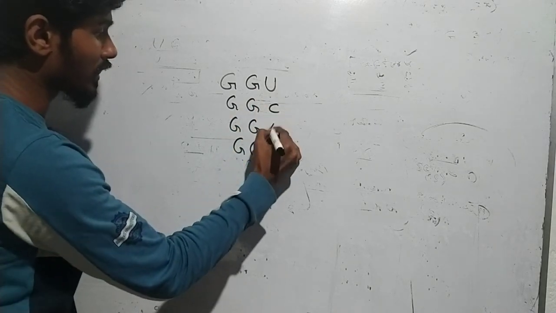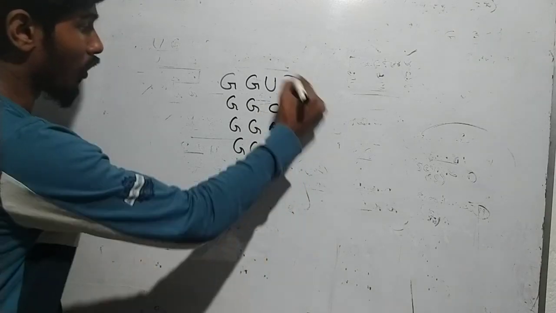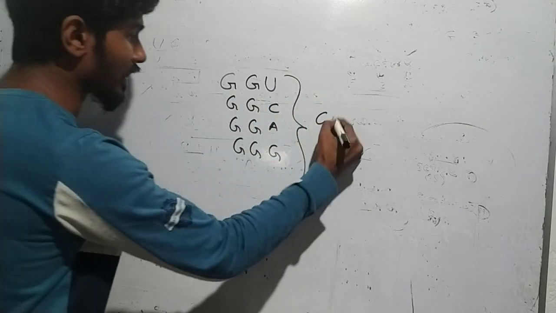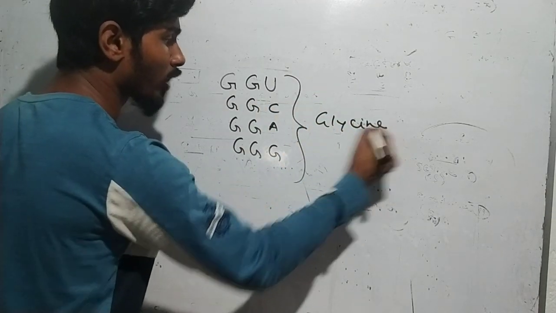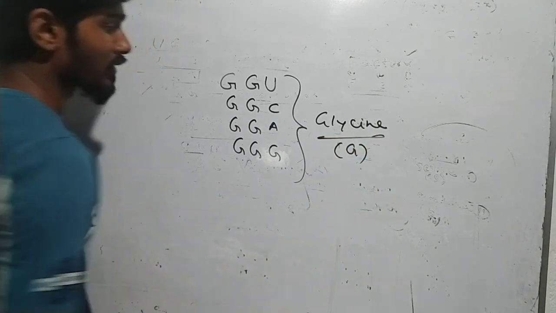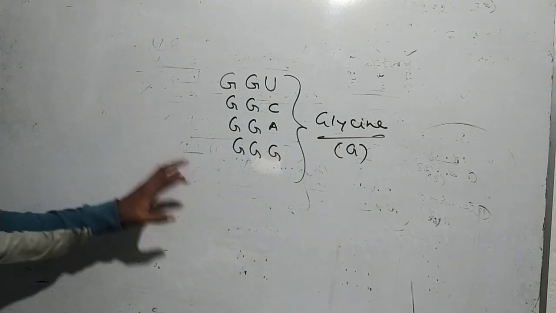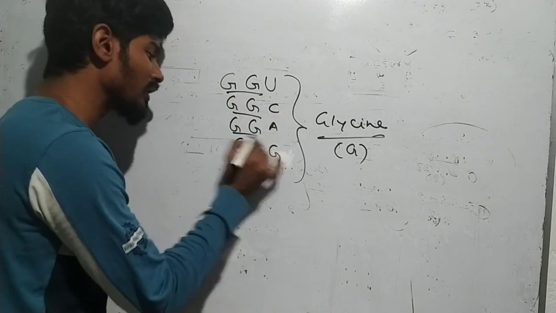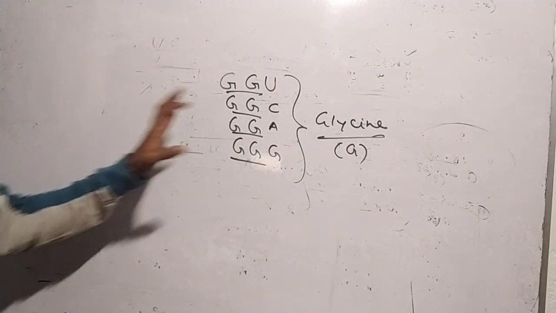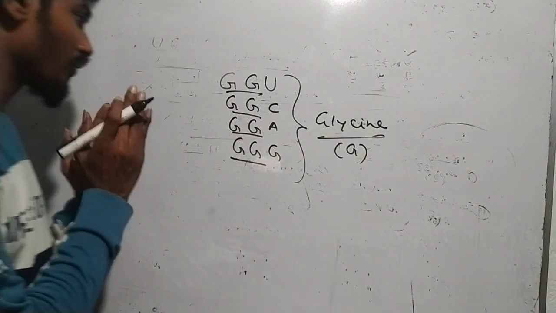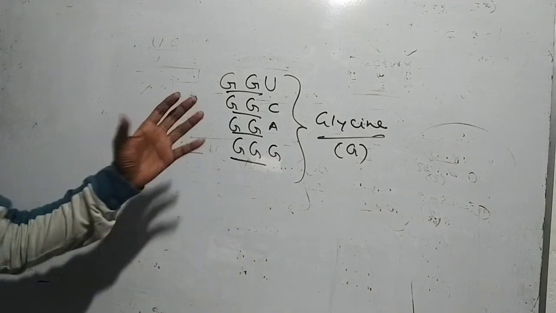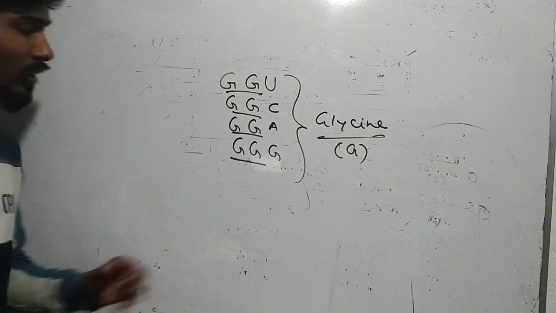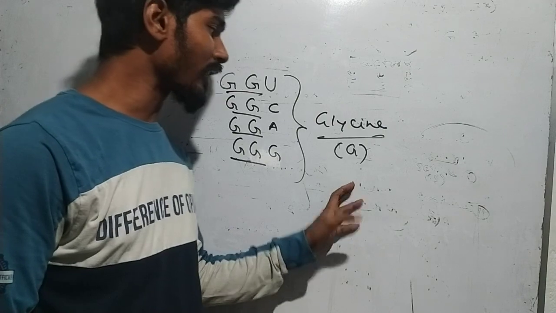So U, C, A and G, and they all code for glycine, and you don't have to memorize these by certain tricks. It is very simple. You have G, G, G, G. Whenever there is GG as the first two letters of the codon, then you will certainly write glycine.